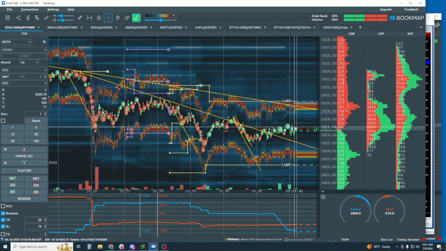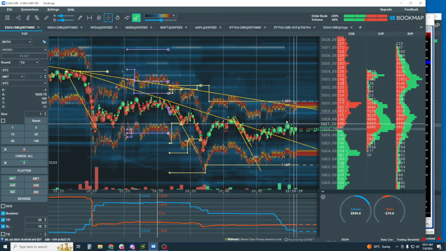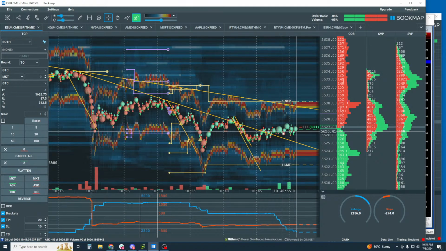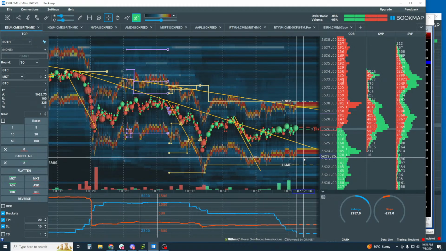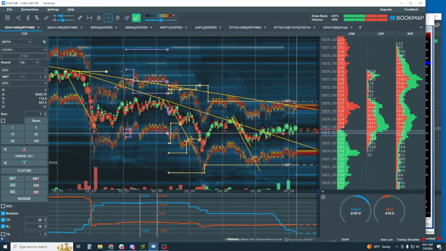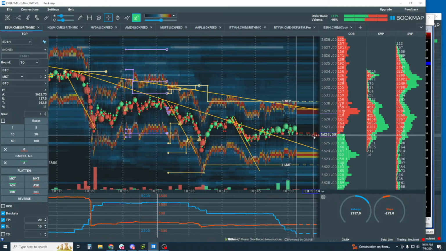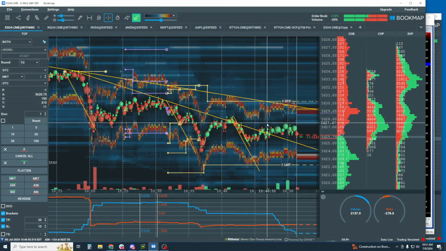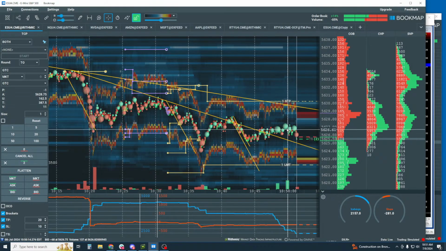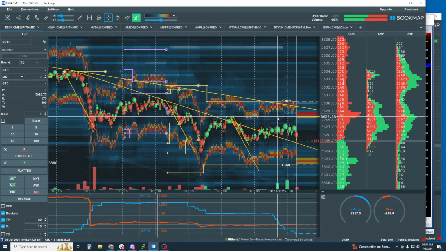Okay. In general, though, what we've seen is we get pockets like this, we get continuation to the downside, and then we get another move back up into this pocket of buying, and then we get our reversal. Okay? And that would be kind of like your head and shoulders, right? So that's why we're sticking sell side here still.